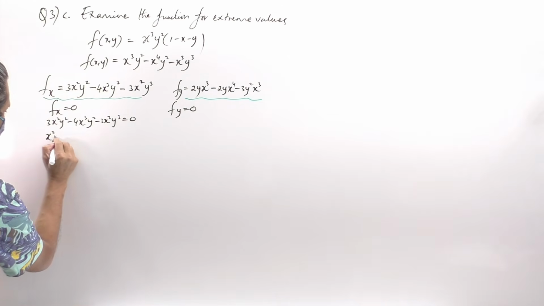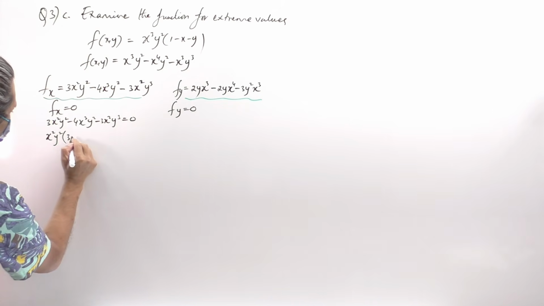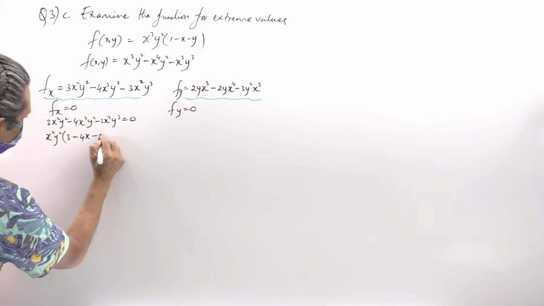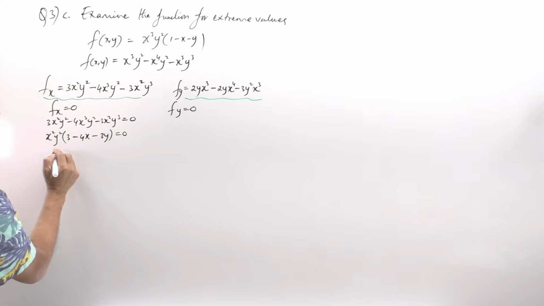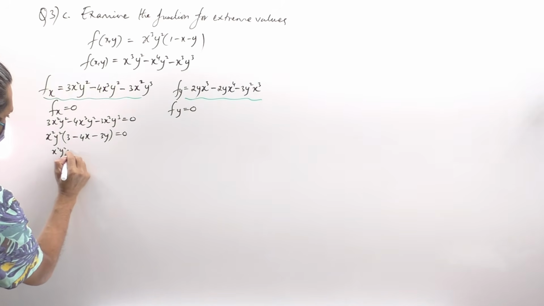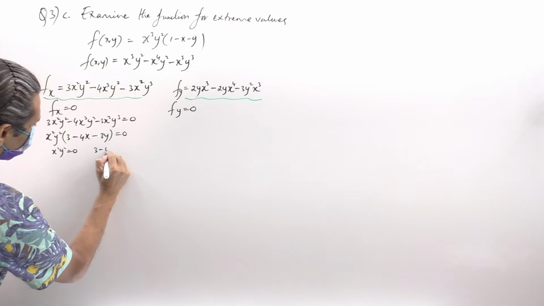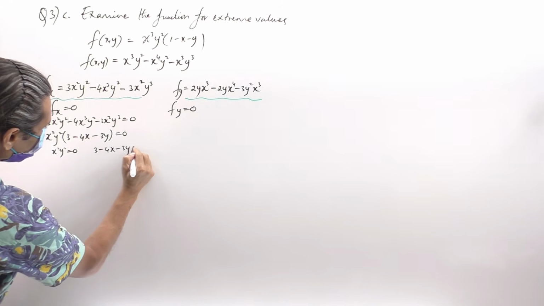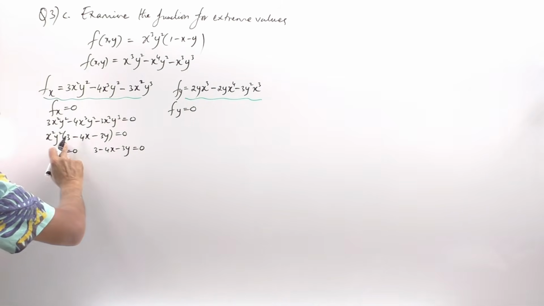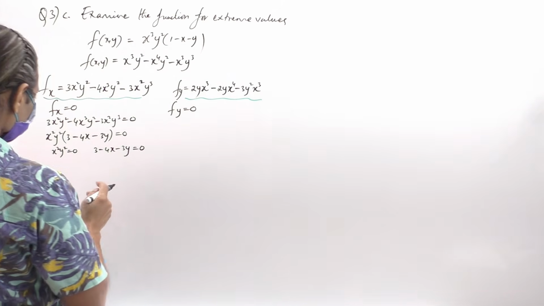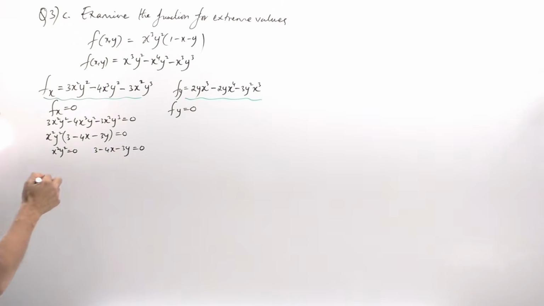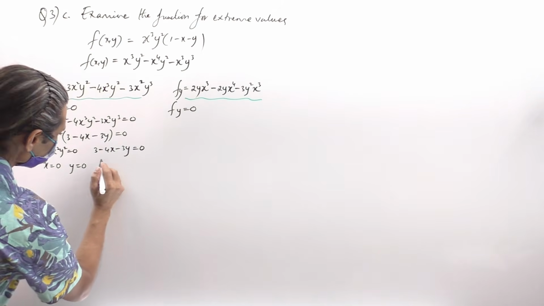It will be x²y²(3 − 4x − 3y) = 0. So we get x²y² = 0 and 3 − 4x − 3y = 0. Obviously x²y² = 0 means x = 0, y = 0, and this is one equation.